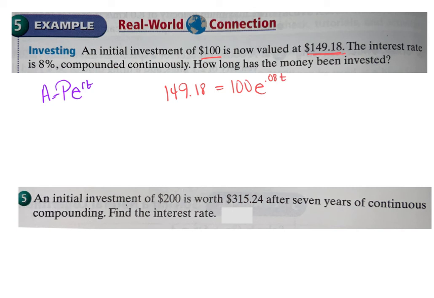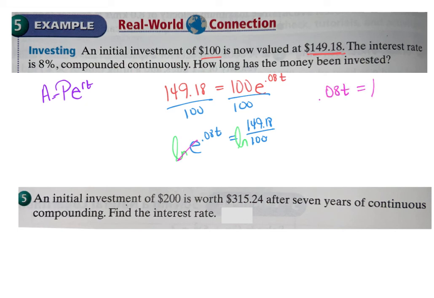So now I'm solving for something in the exponent. I'm going to get the e by itself, right? And I have e to the 0.08 times t equals 149.18 over 100. Now I can take the natural log of both sides. These cancel, so I have 0.08 times t equals the natural log of 149.18 over 100.